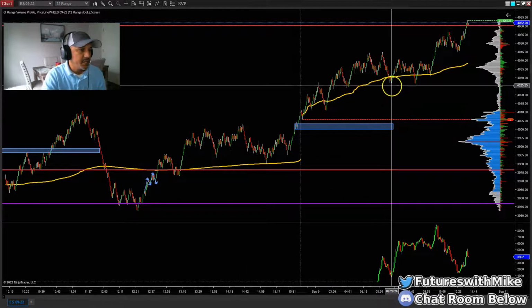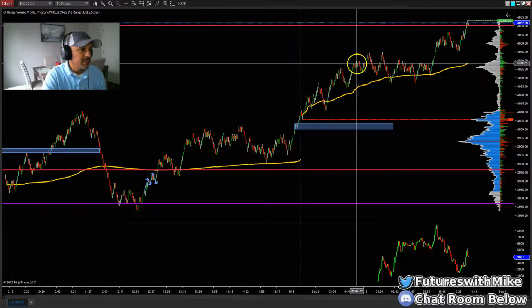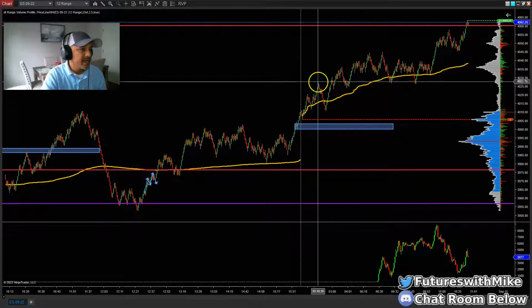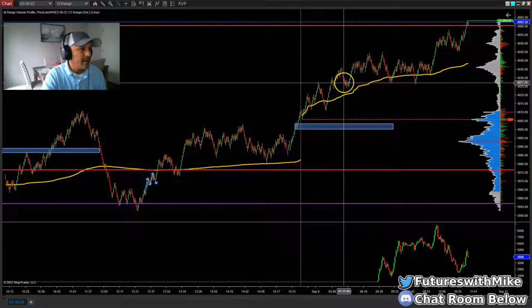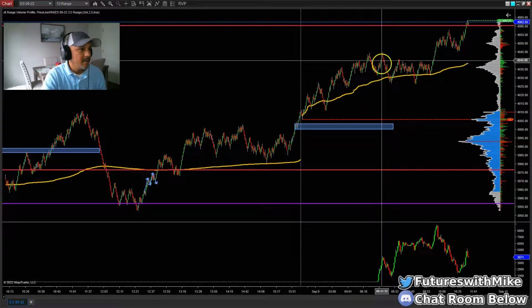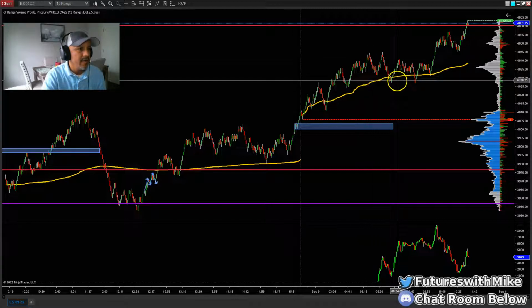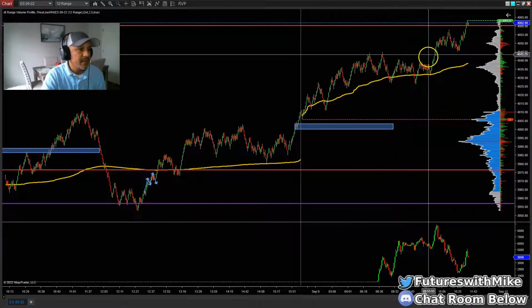The session opened up around this area right here, pushed up here, and made a high. So basically, they're making higher highs, higher lows, higher highs, higher lows, a higher high, a pullback, a higher low, a similar high here, and then it retraced deeper right here, and then it eventually turned around after making this high and started pushing back up to the upside.